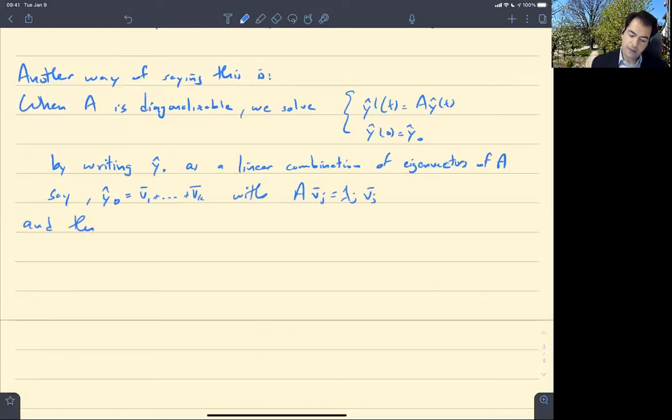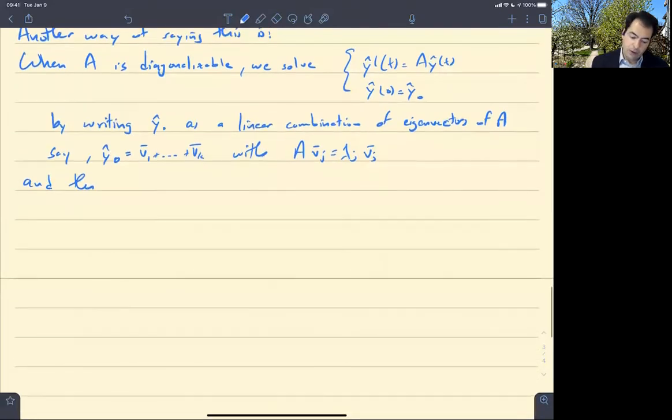And then we can write down the solution. Y hat of t is just going to be e to the lambda 1 t v1 plus dot dot dot e to the lambda k t vk. Actually, these went up to k.